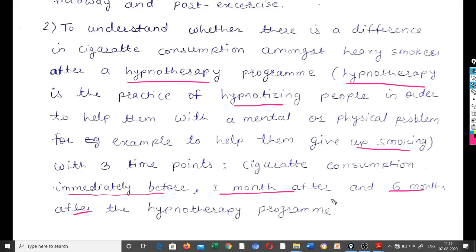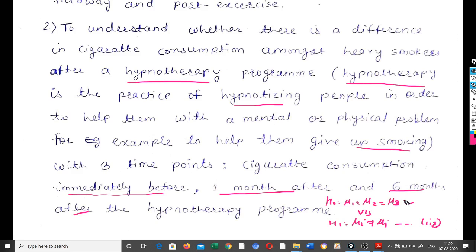In this case also, H naught is mu1 is equal to mu2 is equal to mu3, versus H1: mu i is not equal to mu j for at least one pair i, j. Here mu1 is the average number of cigarettes consumed before starting this program, mu2 is after 1 month, and mu3 is after 6 months.